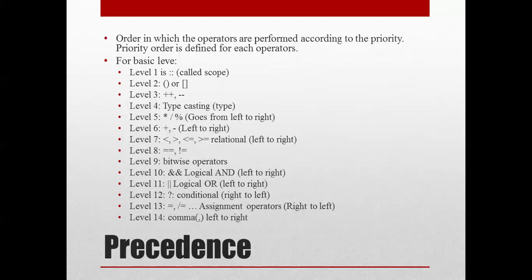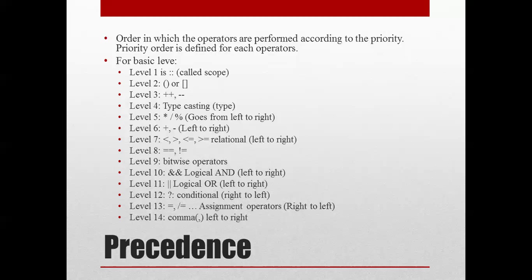Okay. Mostly you will be dealing with parentheses, or I would say increment, decrement, maybe some typecasting, and arithmetic operators that involve multiplication, division, modulo, then addition and subtraction. Okay, maybe those are the most important things that people might be using and getting confused with.